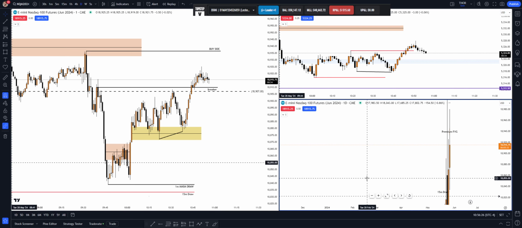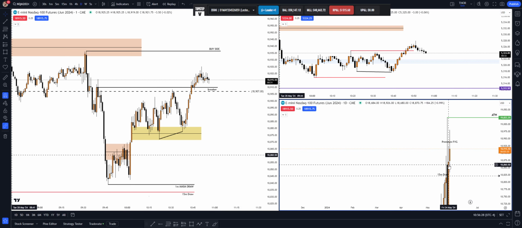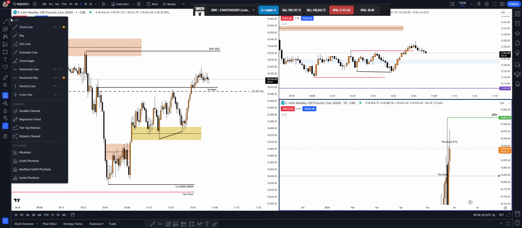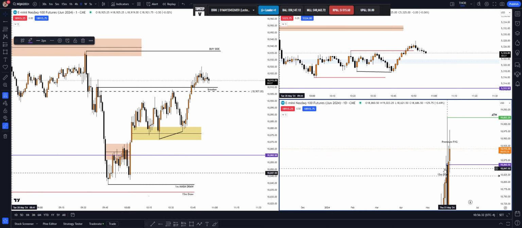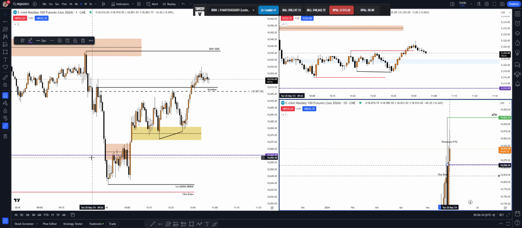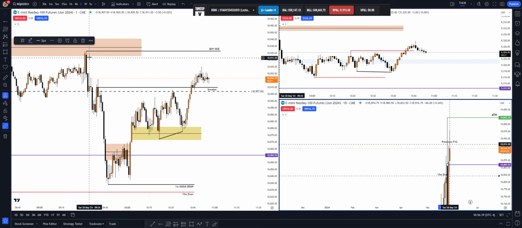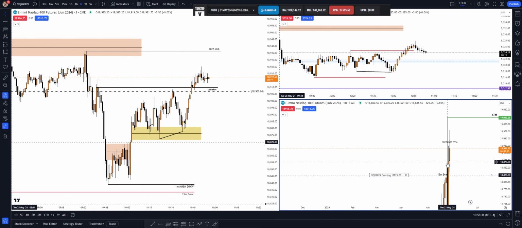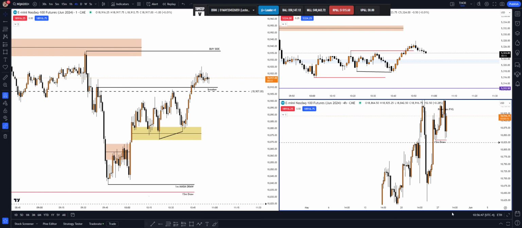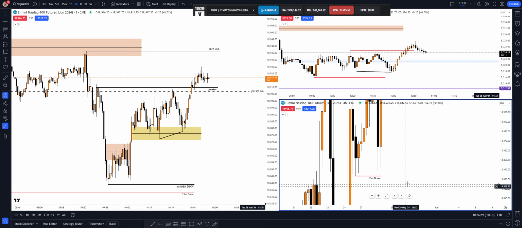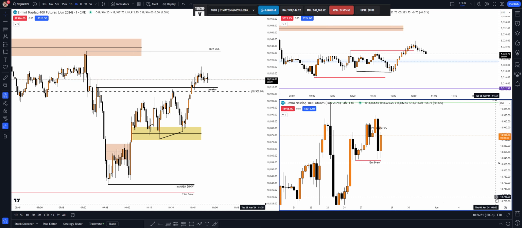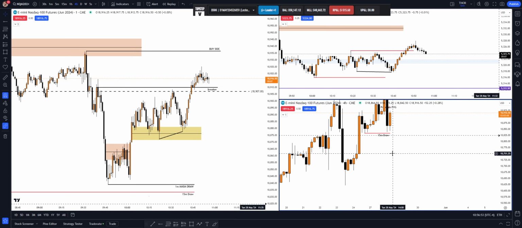It could be even on the daily, like it could be the daily OB here. You see that? That's the daily order block, and at that level it reverses, and there is a gap up, which indicates strength. So you see there is actually, never mind that. I was going to say rejection block, but it's not.